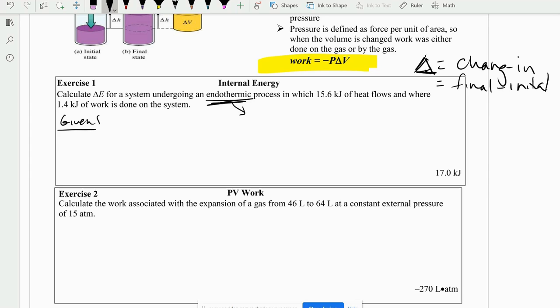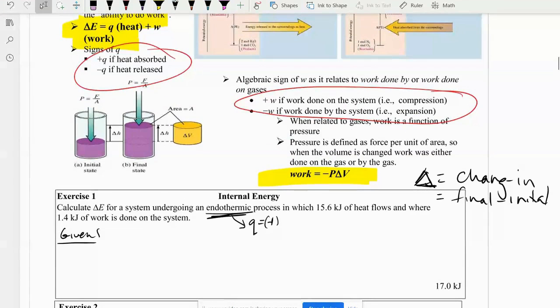So you can see here an endothermic process. Your Q value for an endothermic process is going to be positive. Remember, if you go back up here to Q, heat is being absorbed from the surroundings into the system. And so Q is going to be a positive value.